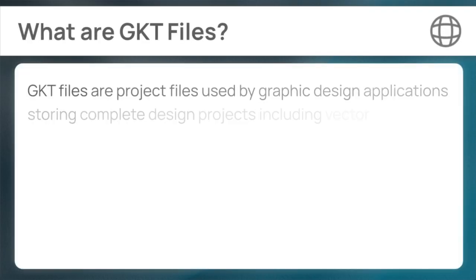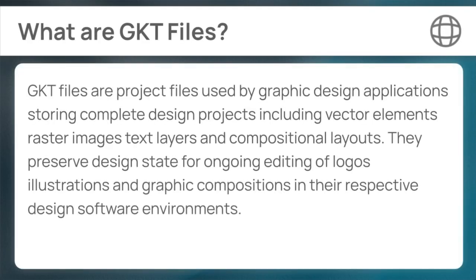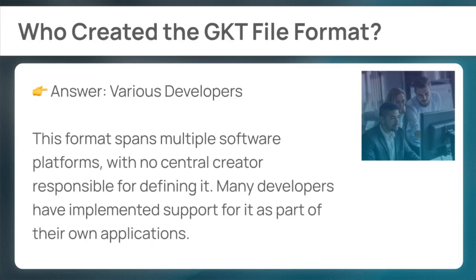GKT files are project files used by graphic design applications, storing complete design projects including vector elements, raster images, text layers, and compositional layouts. They preserve design state for ongoing editing of logos, illustrations, and graphic compositions in their respective design software environments.